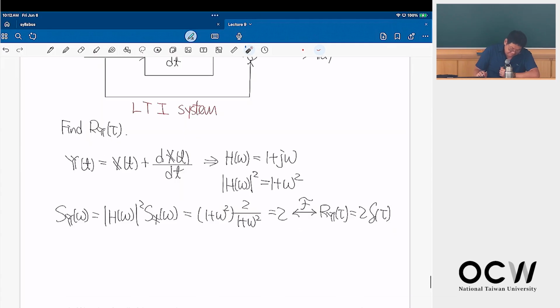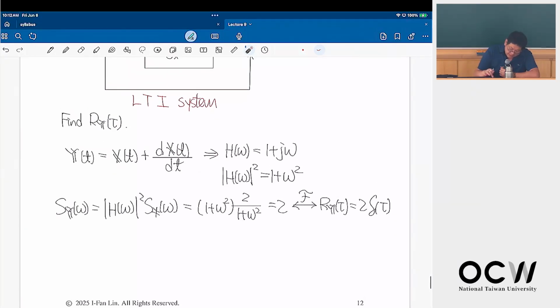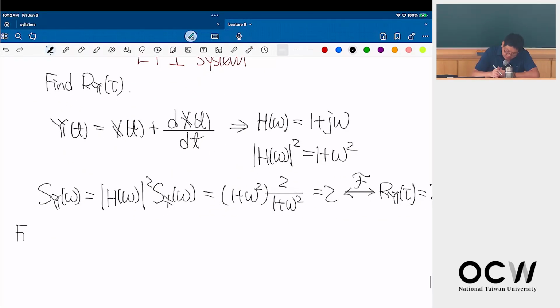Lastly, you can find the cross correlation yx. So we need to find the cross power spectrum yx. It's H(omega) times the power spectrum of x.